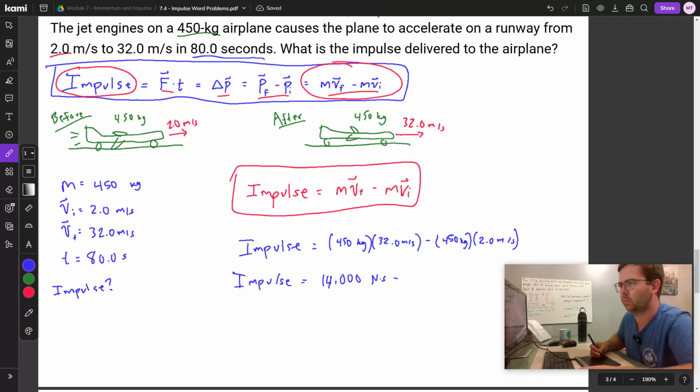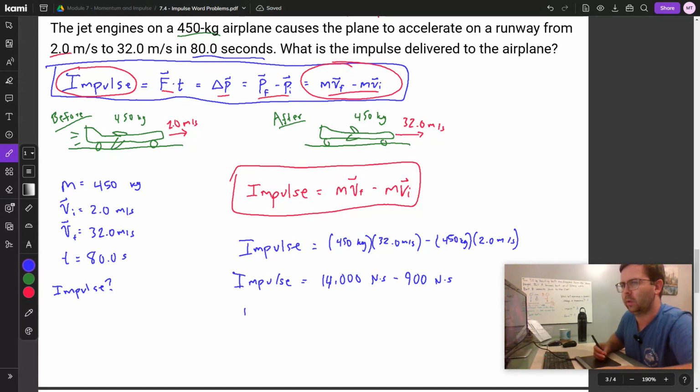And then 450 times 2.0, that's going to be 900 Newton seconds. Now, technically, we need this 900 to have two significant figures. So to do that, we would ordinarily just write it with scientific notation and write it as 9.0 times 10 to the 2. That way it has two significant figures, but in this case, we're just going to subtract it anyway, and it'll go away.